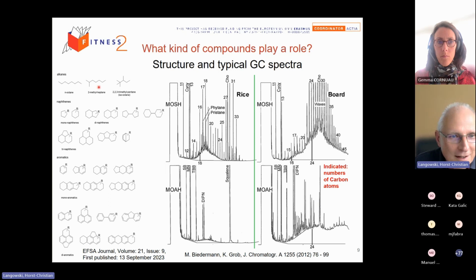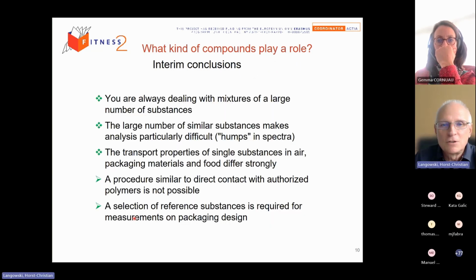And here you see the nature of those compounds: the alkanes and the naphthenes, which are still saturated hydrocarbons, and the aromatics, which are unsaturated hydrocarbons, with much more negative influences on human health.